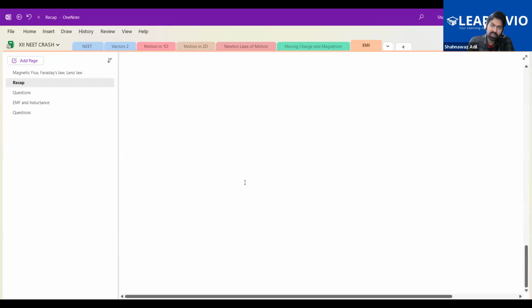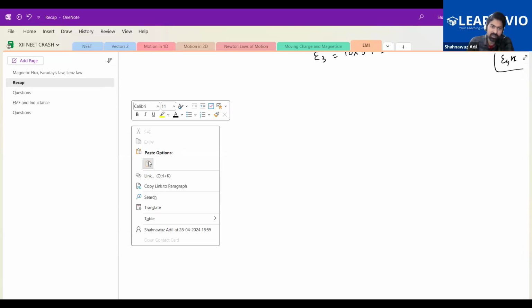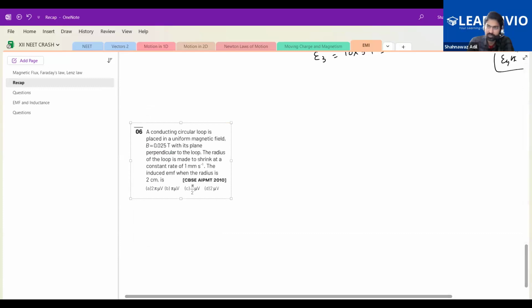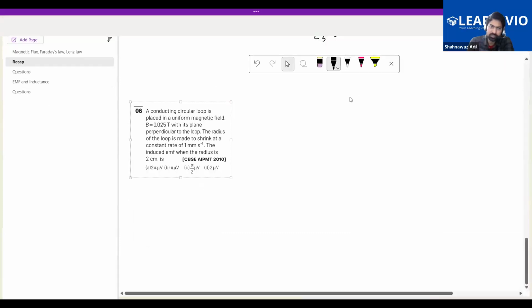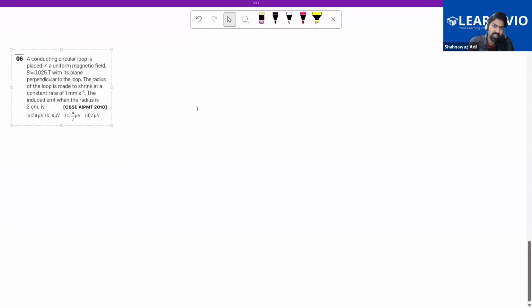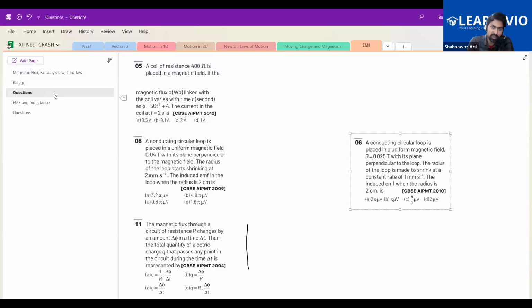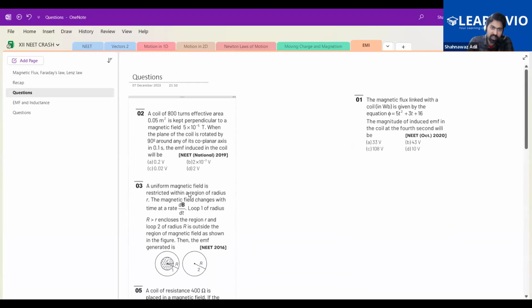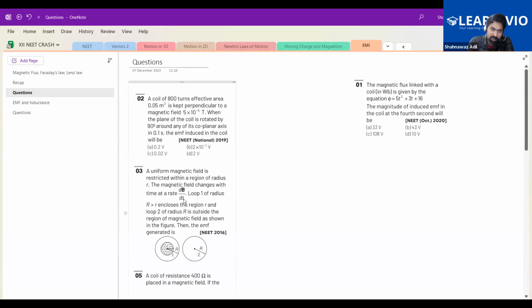And in this question, what is changing? So the area is changing, right? You can have magnetic field changing, you can have the other thing changing. So let me just talk about that. So in this question, dB by dt, the magnetic field is changing, right? The magnetic field changes with time.